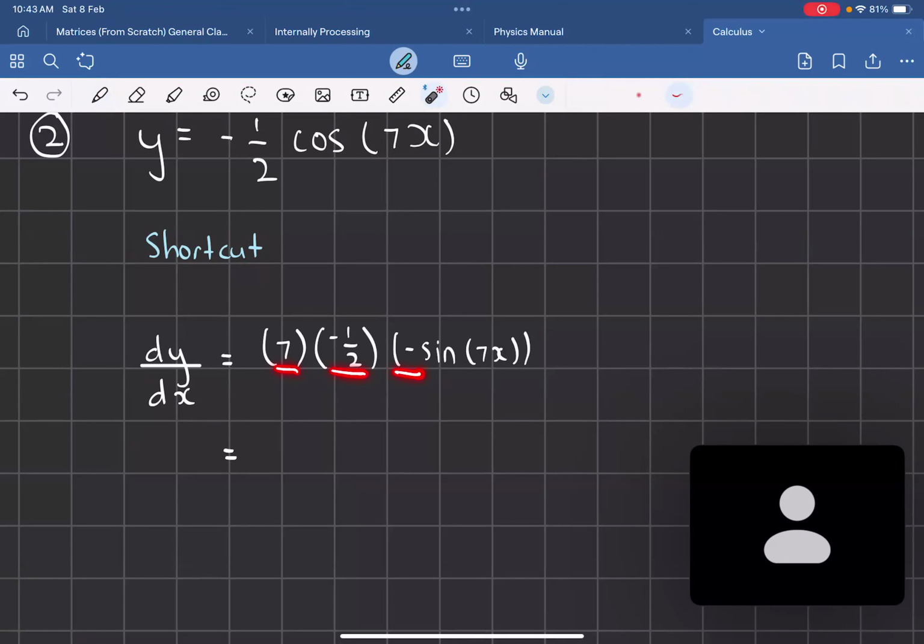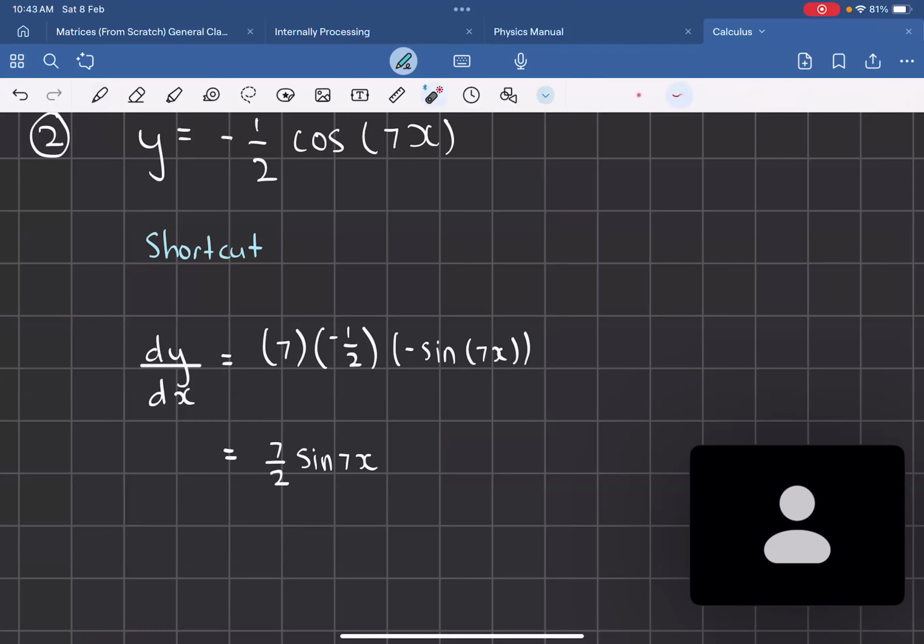What will that work out to be? You got +7 over 2. Yeah, it's real simple actually. And then I just write back sin 7x. That's it. That's the shortcut method.